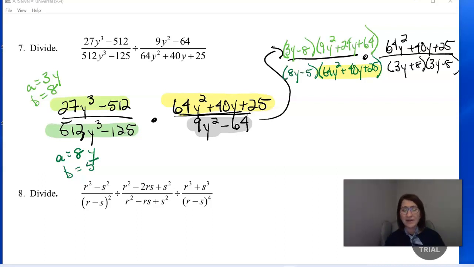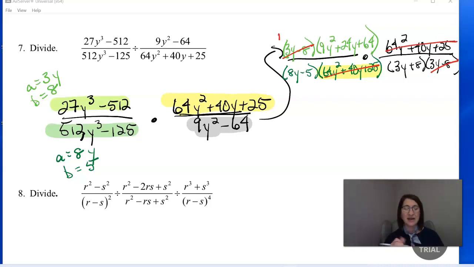Okay, now that everything is set up, this is going to be easy for us to do. I can take the 3y minus 8, the 3y minus 8, that's 1. That 9y squared is going to stay, but that whole 64 trinomial gets reduced.